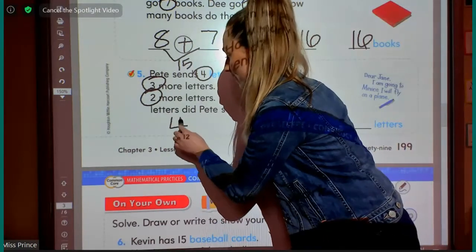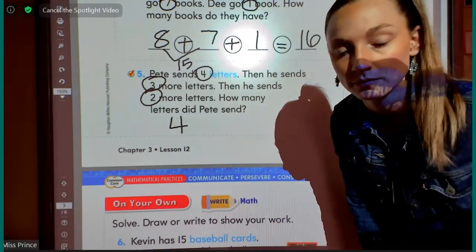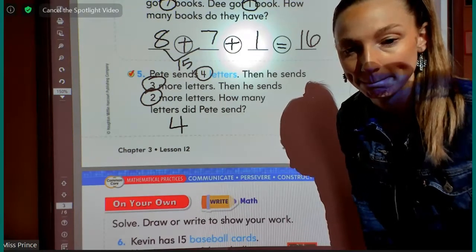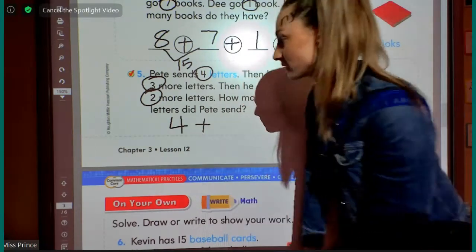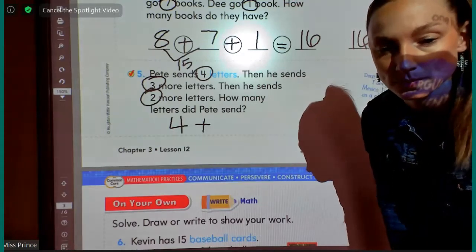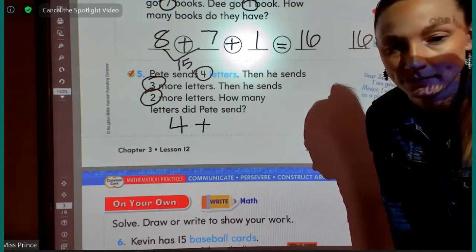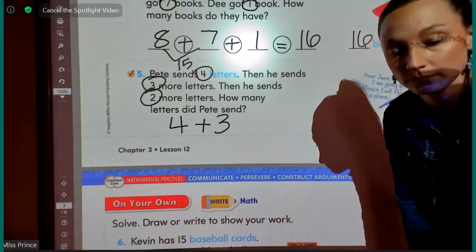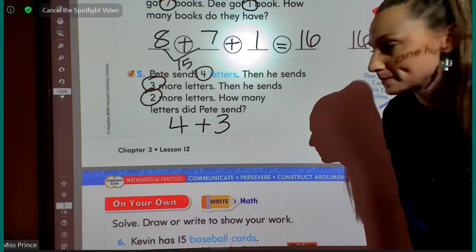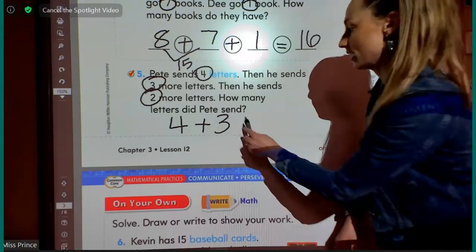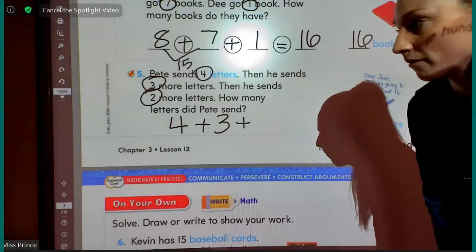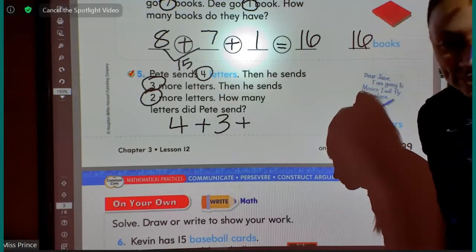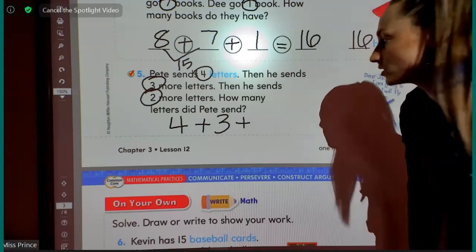4. And then I need to put it, what symbol? Plus. And then what's my next number? 3, good job. And my next symbol? Plus. And then my last number? 2.